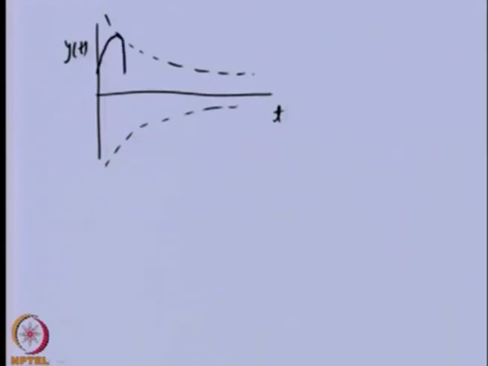For an underdamped system, if we want to plot y t with respect to time, the decaying function, which is the first term, will be of this form, and depending upon the initial condition, we will have the free vibration like this. After some time it will decay.